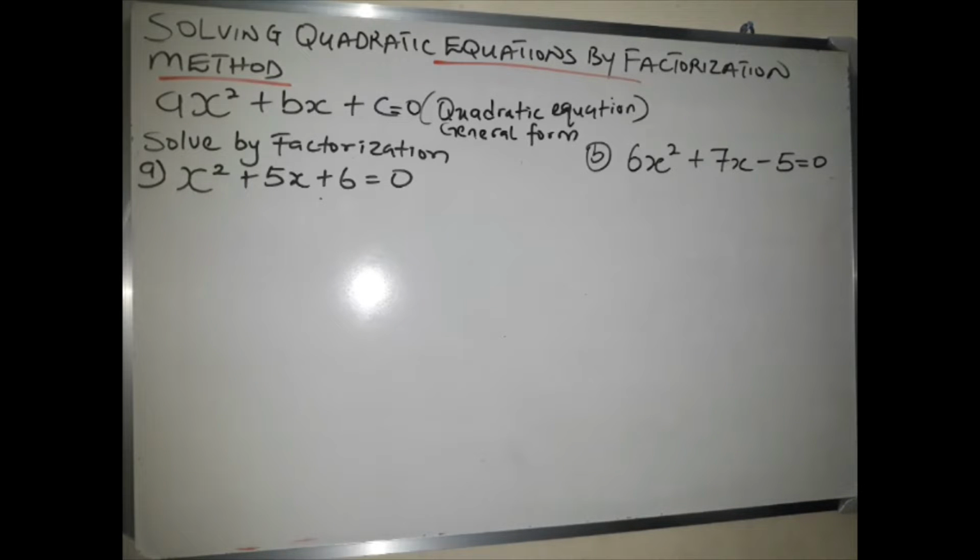Now, when you want to solve by factorization, the first thing you need to do is multiply the coefficient of x squared with the constant of the quadratic equation. You multiply the coefficient of x squared with the constant.